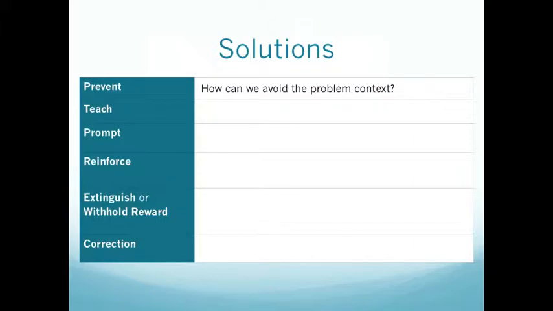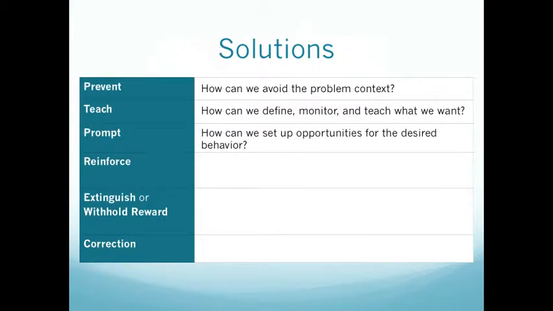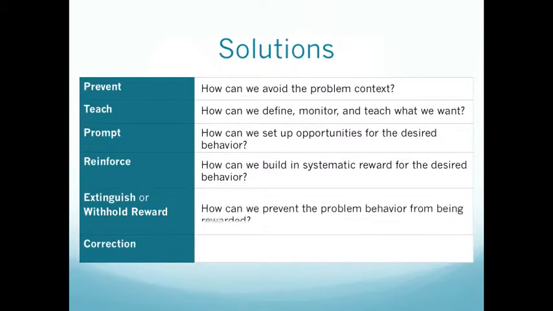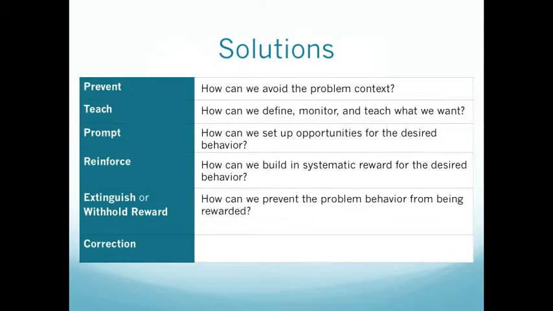What should we do in the context to help avoid the problem from ever occurring? What do we need to teach? How can we prime students for the behavior that we want to see? How are we going to make sure we're reinforcing the behaviors we want to see and make sure we're not reinforcing the behaviors we don't want to see? And then what kind of consequences might we need to consider?